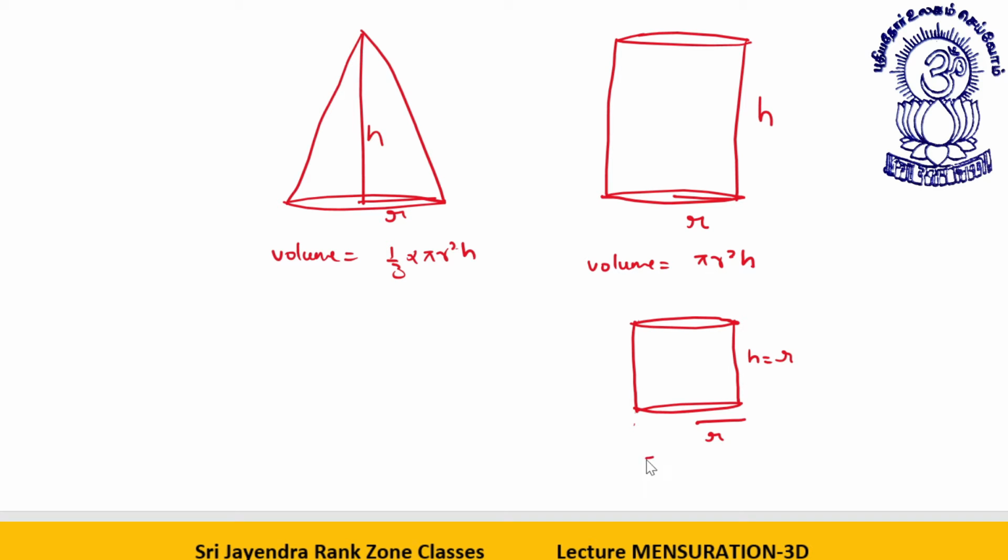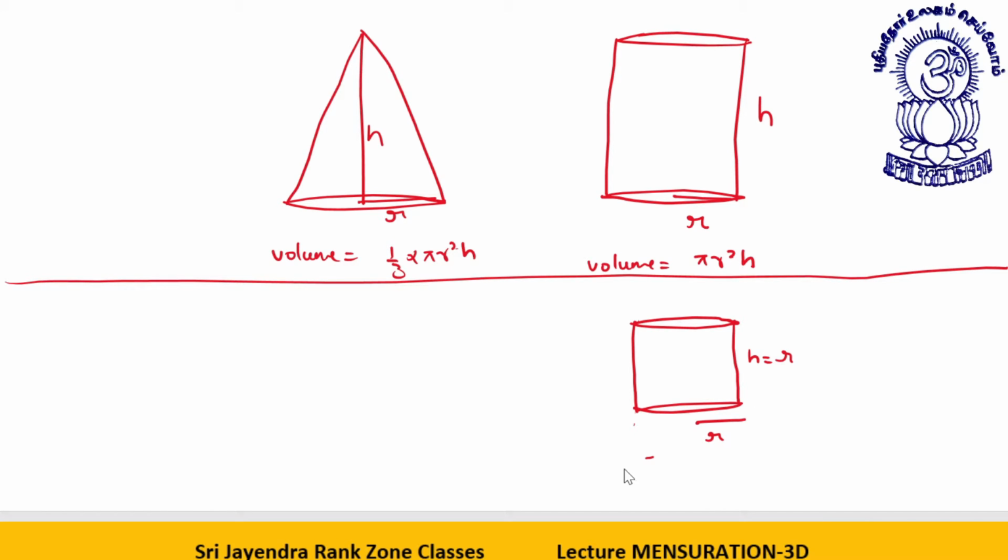Volume will be what? The volume will be pi r square h, pi r square into r. Okay. Next, I take a cone over here with same base radius and same height r.